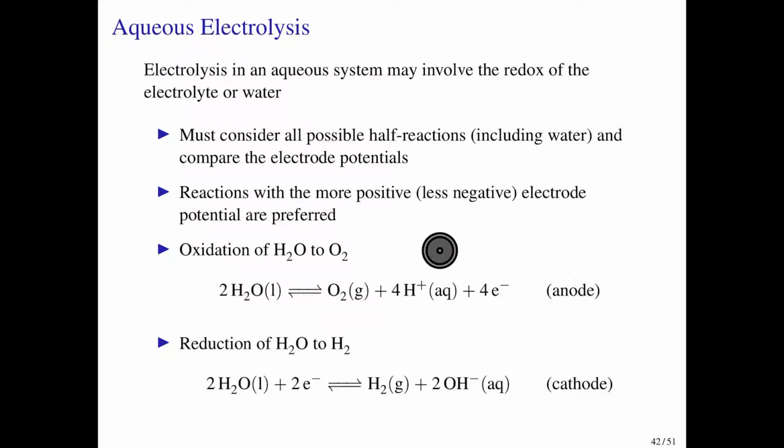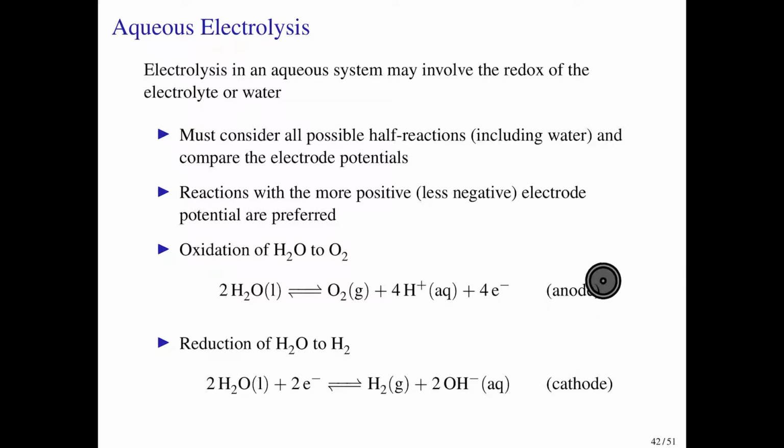This is a possible reaction at the anode of your electrolytic cell for aqueous solutions. Alternatively, at the cathode, it could be that the water is reduced to hydrogen gas. Here the oxidation number of hydrogen is +1, and it's 0 in the form of molecular hydrogen. So this is the possible reduction reaction of water at the cathode.